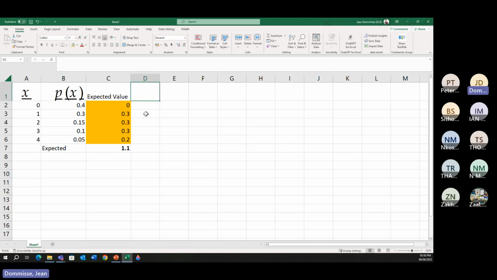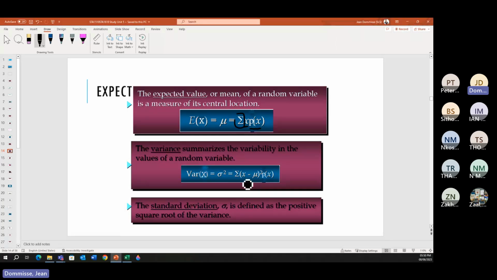Okay, then to work out the variance, again, if we look at the formula, we've got the x, we need to minus the mean. So that is very similar to when we worked out other variances as well. You then multiply it with itself, but the thing that we need to multiply with again is that probability.